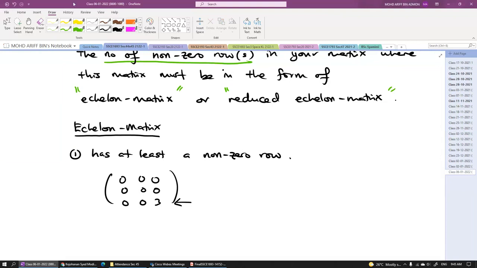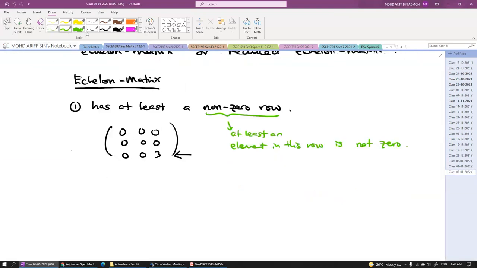So a non-zero row means that at least one element in that particular row is not zero. Okay, that's number one.